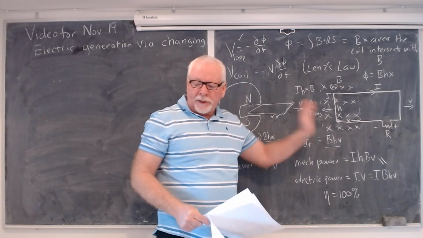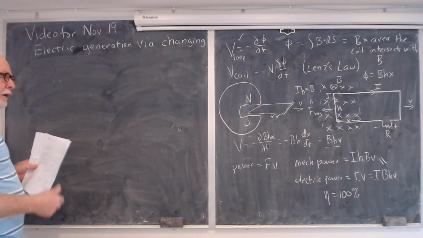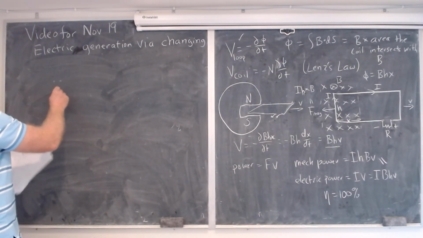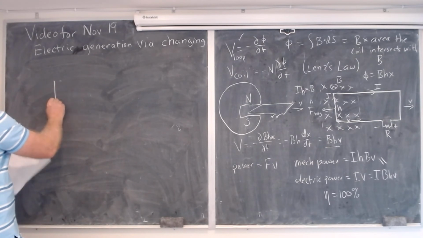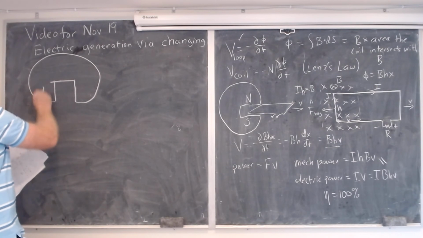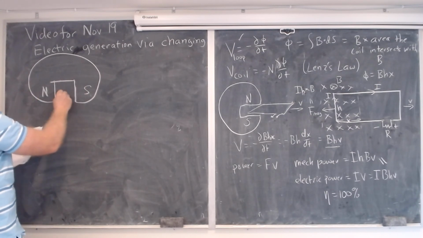You can stick it back in, and so you could have some sort of engine that goes back in and out like that. But people realized very quickly that instead of doing that, what you want to do is, let me draw my magnet again. So north, south. And I'm going to put a coil inside of that, if I can draw it.